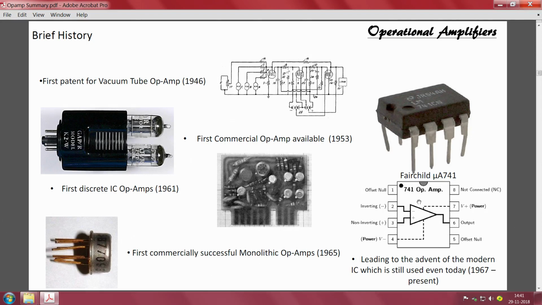It is from Fairchild. Depending on the manufacturer, the symbol and the terminology would change.